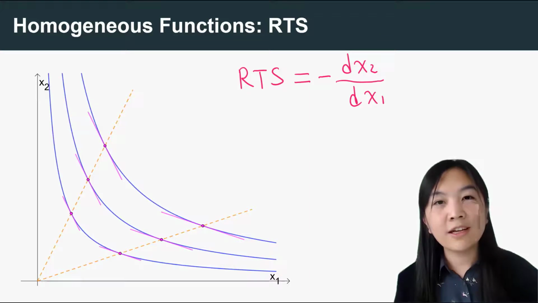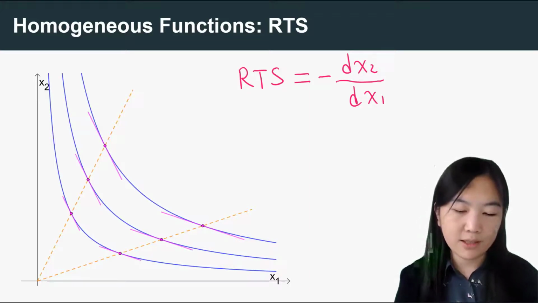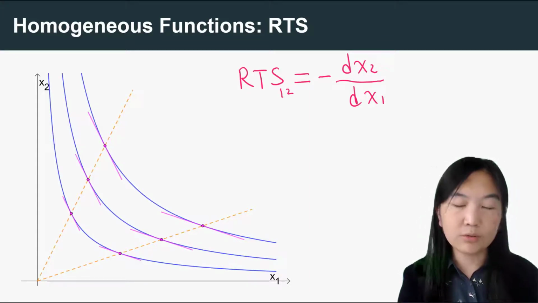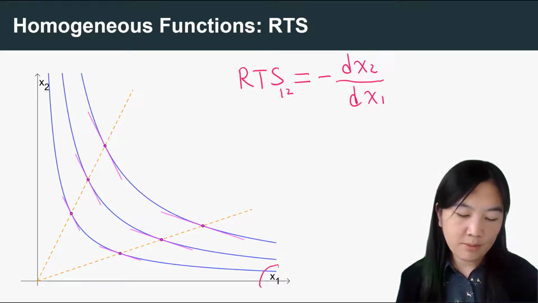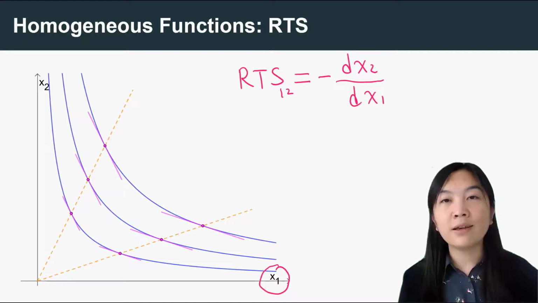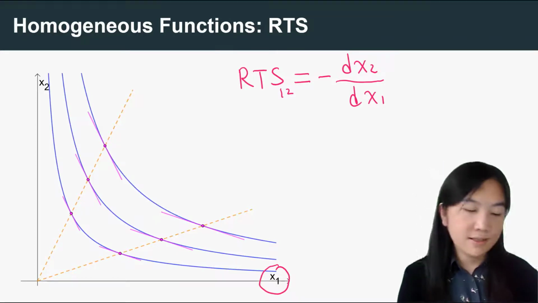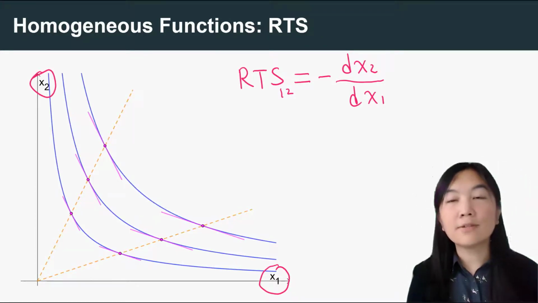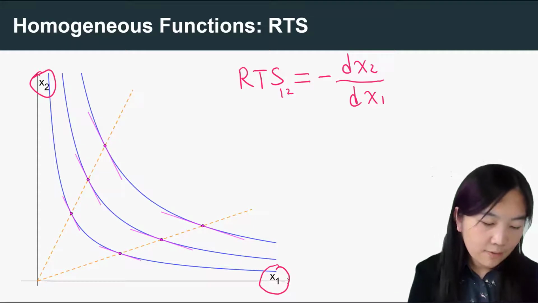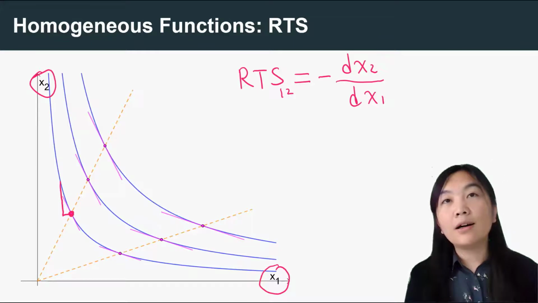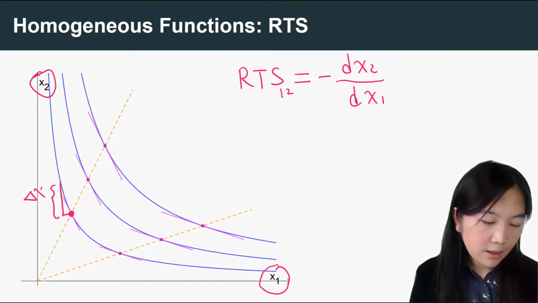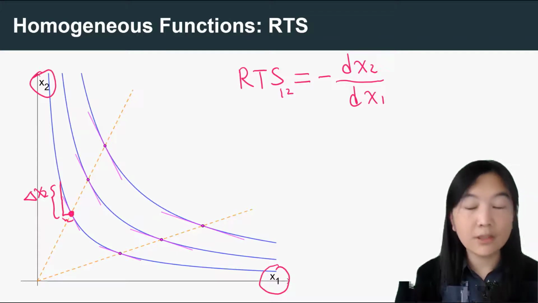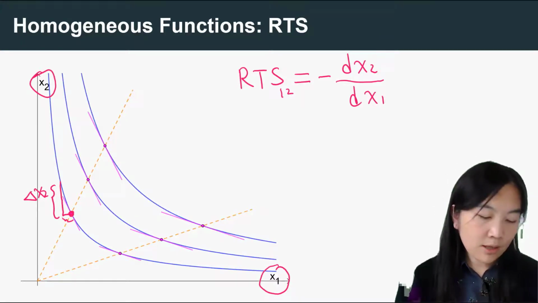And if you're having a hard time remembering what is RTS 1, 2, then it is actually easier to just remember x1 is written in the horizontal axis and x2 is written in the vertical axis. And then if you pick a point, the slope of the tangent line is the change in x2 on the vertical side over the change in x1 on the horizontal side.